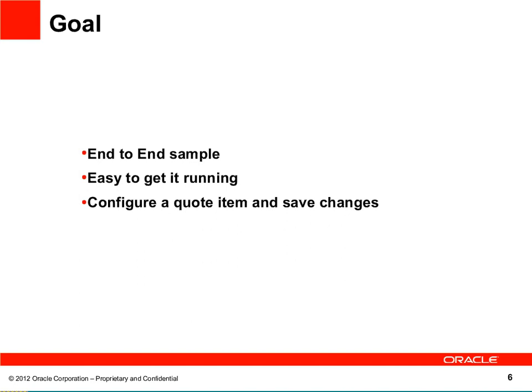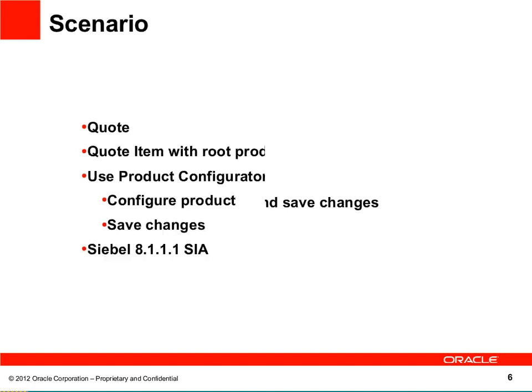What we want to do, I want to show how we can configure a quote item and save the changes. The scenario: we have an existing quote, and this quote also has a line item with a root product. Then we use the product configurator web service to configure it and save the changes.